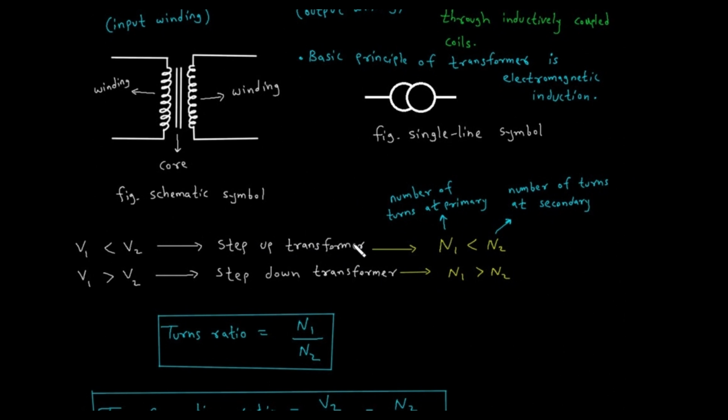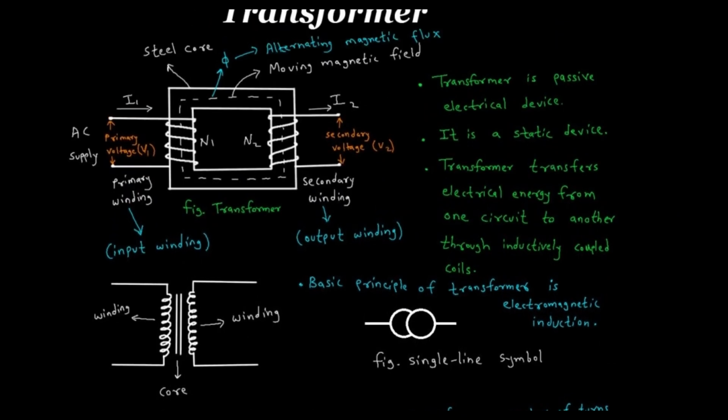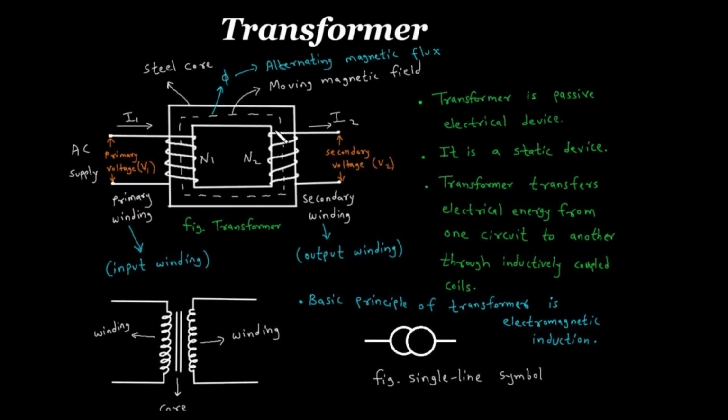And remember that for step up transformer, the number of turns at primary is less than number of turns at secondary. That means if the number of turns on secondary side is more than number of turns at primary, then the voltage at secondary side will be more. So remember that if the number of turns is more, then the voltage will be more.